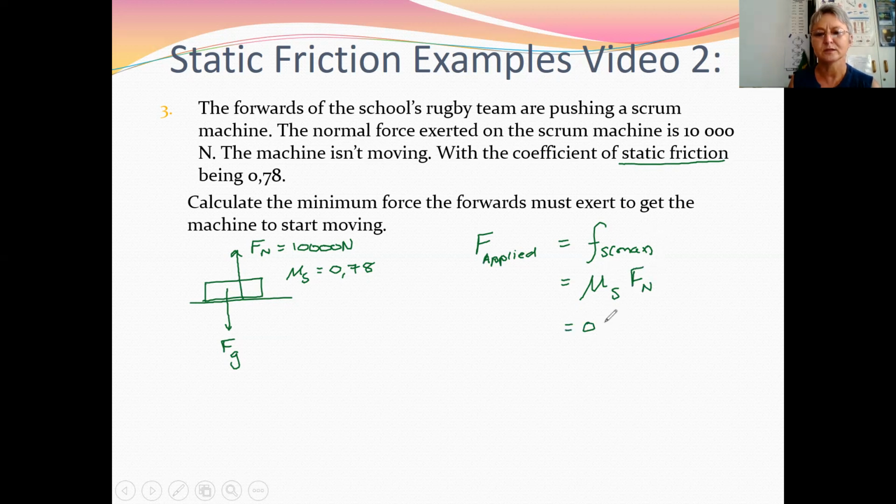So it's 0.78 times the 10,000. 0.78 times 10,000 would give us 7,800 newtons. That would be required in order to get this thing to move.